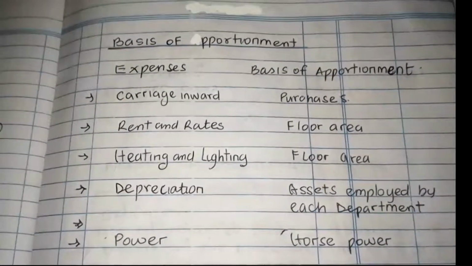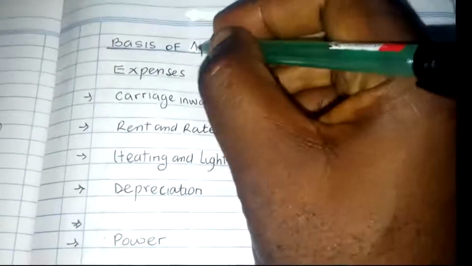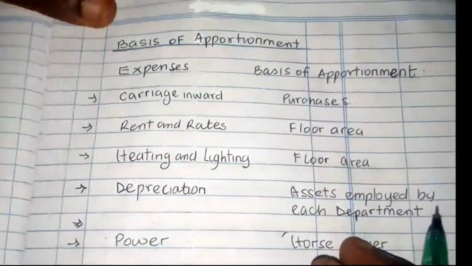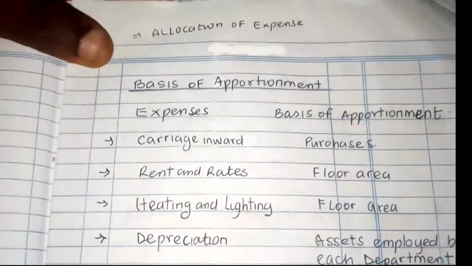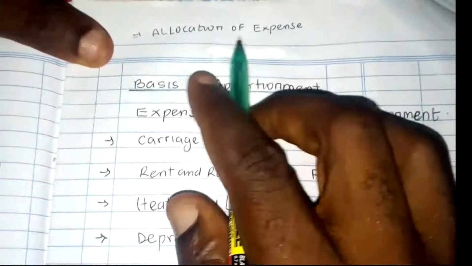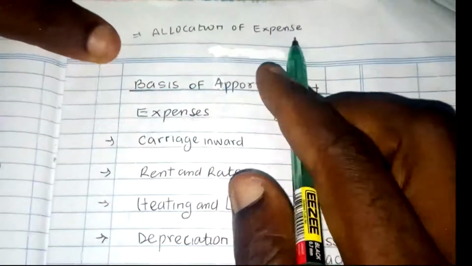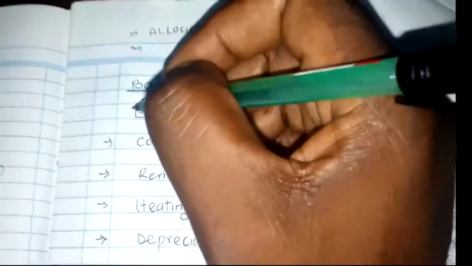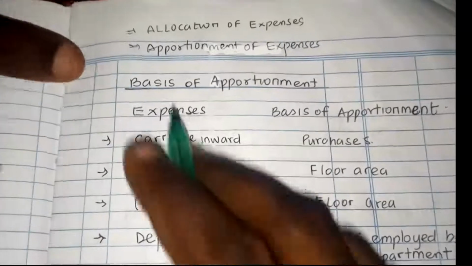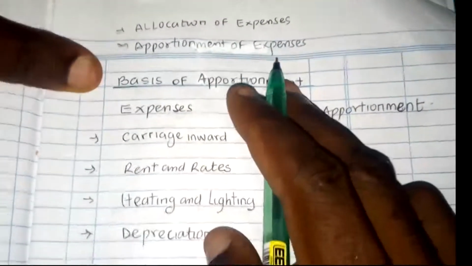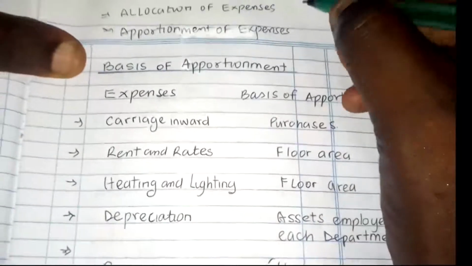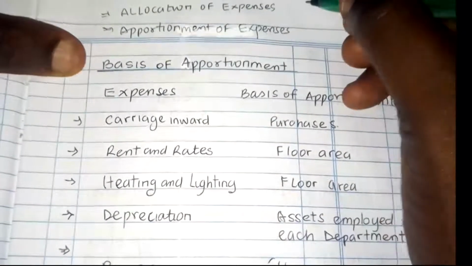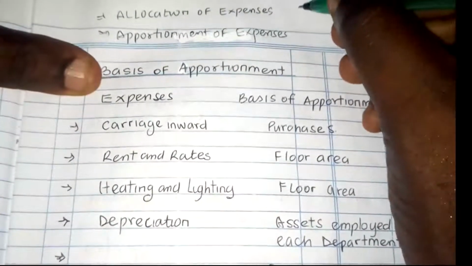Apportionment of expenses is when we share expenses between departments, say A and B. Hope you understand that. Now let's look at the basis of apportionment. For example, your parents may give you and your younger brother 5,000 naira to share.